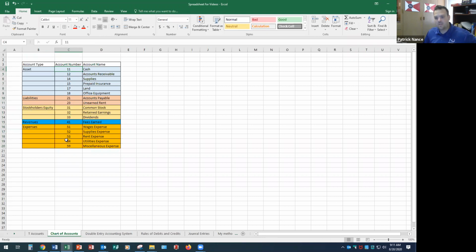Now, this is a small account book. Most account numbers are much longer than this because most people have hundreds and hundreds of accounts, depending on the size of the organization. So realize that it gets more in depth than this, but for now, that's all the chart of accounts is really about.